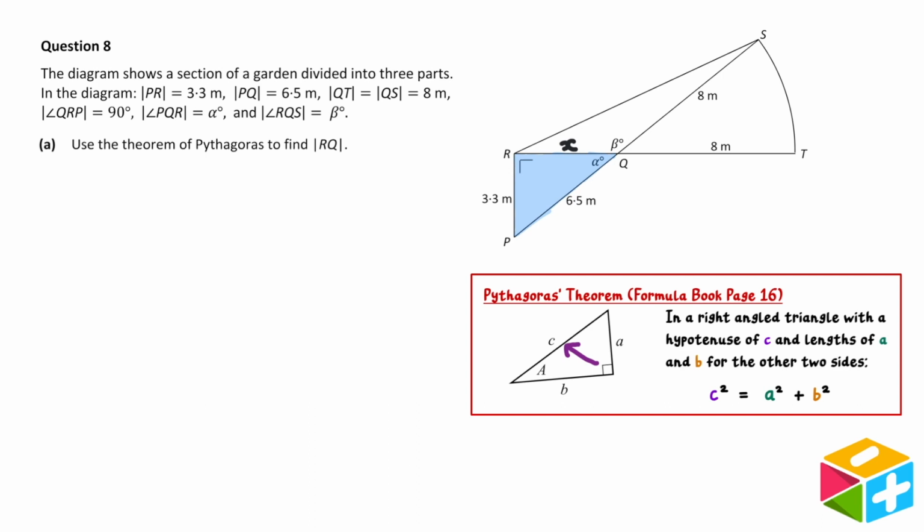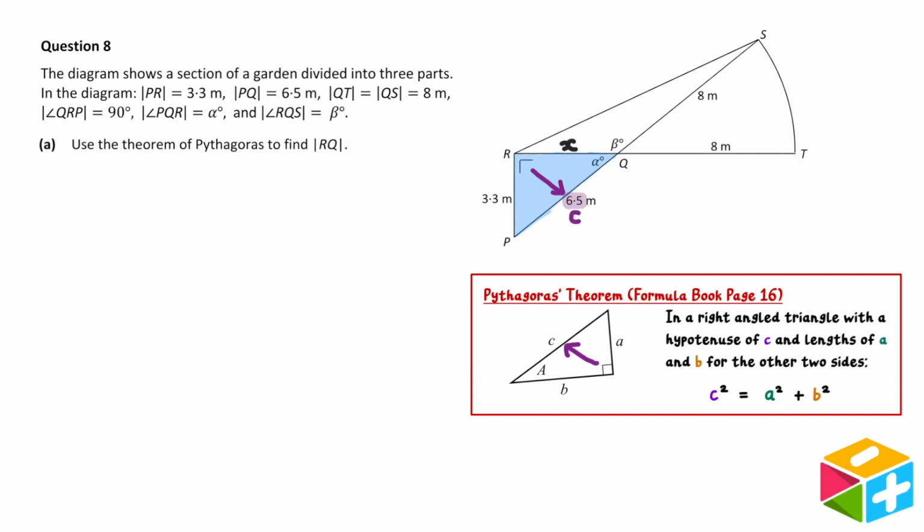Let's mark this unknown with X in our diagram. Now, let's focus on the right-angled triangle RPQ and apply Pythagoras' theorem. In our formula, C represents the hypotenuse, the side which is opposite the right angle. Here, that's the 6.5.